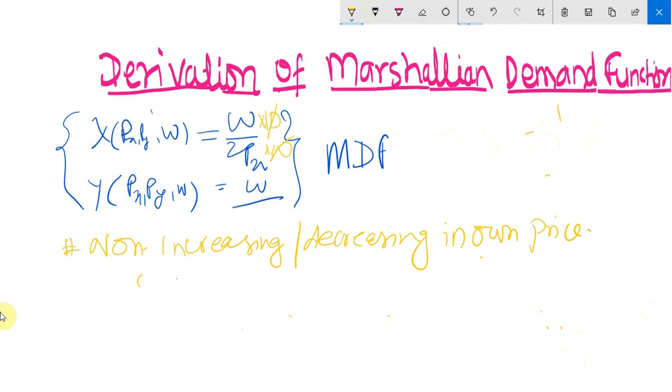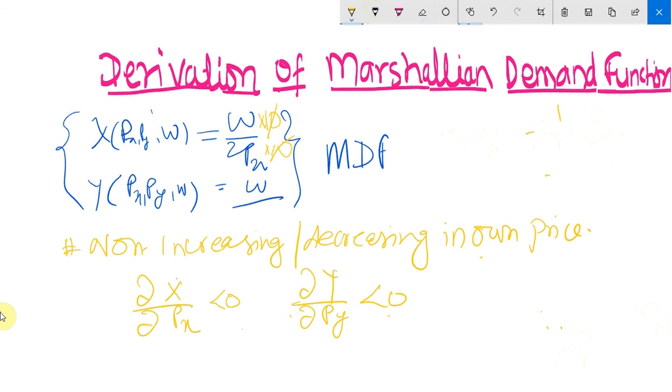So it means quantity demanded of x with respect to price of x is always negative, and quantity demanded of y with respect to price of y is negative. So it means if price goes up, quantity demanded will fall down.